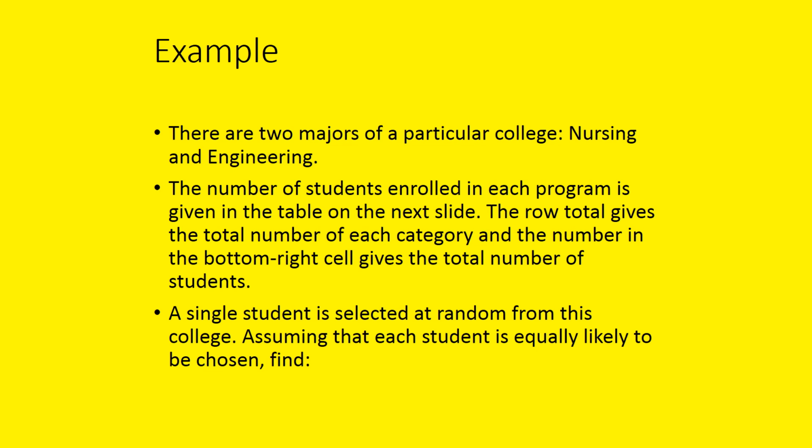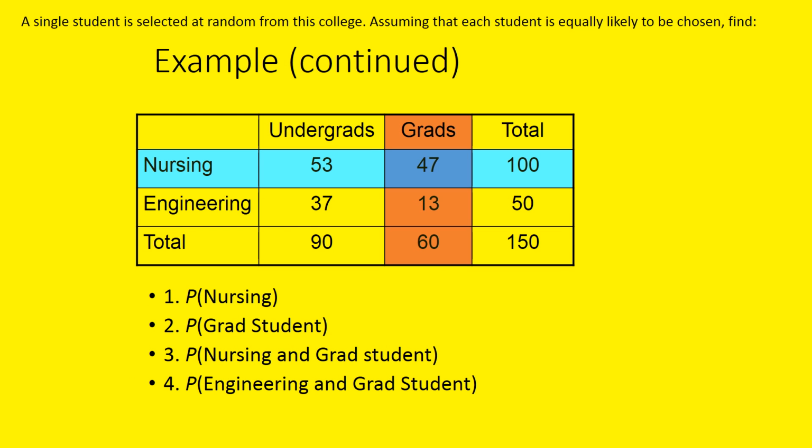A single student is selected at random from this college. Assuming that each student is equally likely to be chosen, find four things. Probability of nursing, and then three other ones.